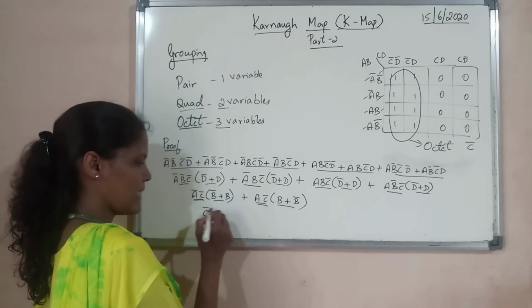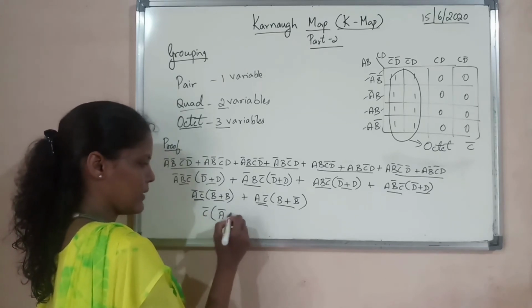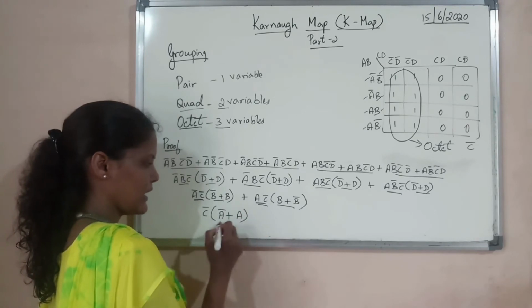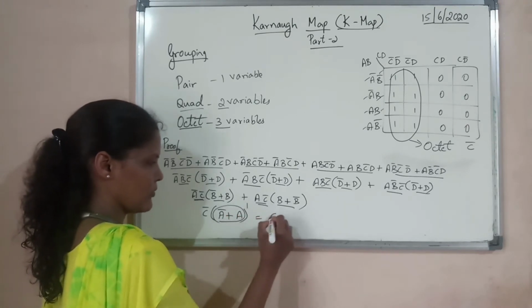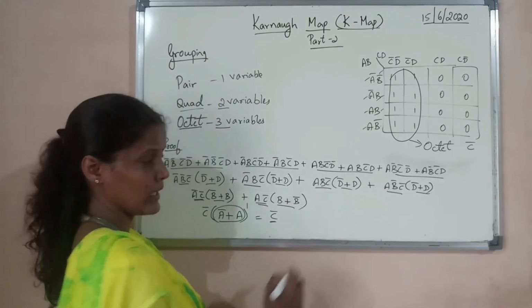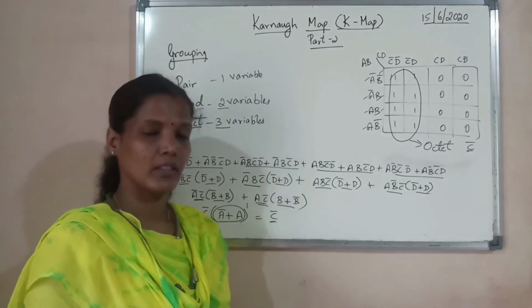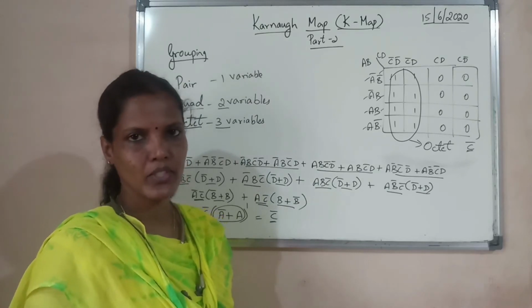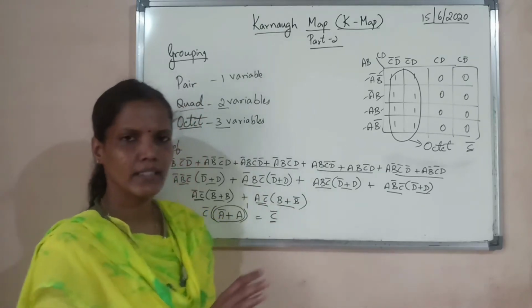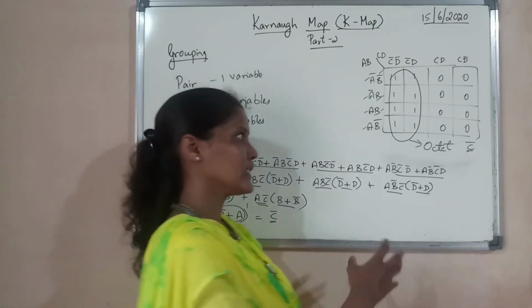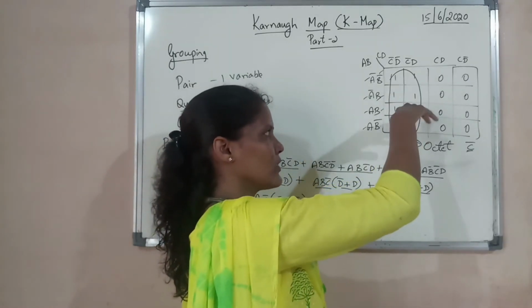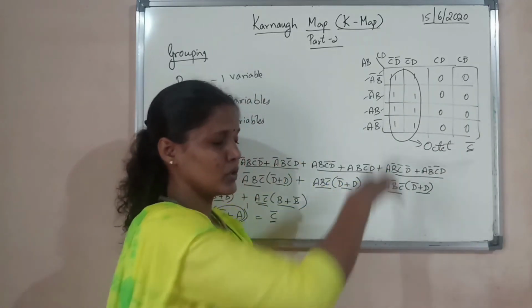Where C bar is the common factor, I will be remaining with A bar plus A. So this value is equal to 1. So the final answer is C bar, which is matching with the K-map technique. Clear? So octet is nothing but grouping of 8 adjacent ones present in 2 horizontal rows or 2 vertical columns.